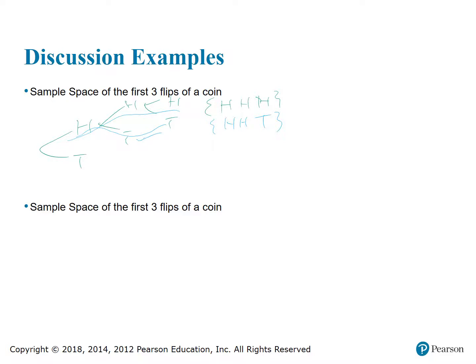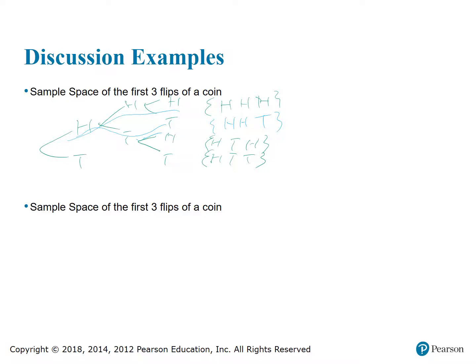And here we've got, again, heads or tails. And so we got heads, tails, heads right there. Heads, tails, tails. So you can see we've got a nice systematic way of getting everything on here. And so that's one whole branch.